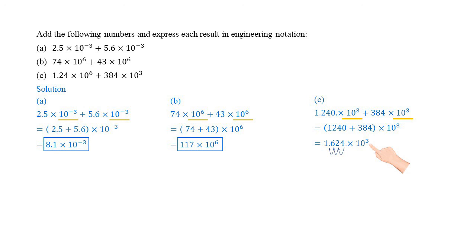Also 3 times, but increase the exponent 3 by 3. It becomes 6. Let's check the number now. 1.624. 1 is the number before the decimal point. It is between 1 and 1,000. For the exponent, it is 6. 6 is a multiple of 3. Therefore, this number is in engineering notation.